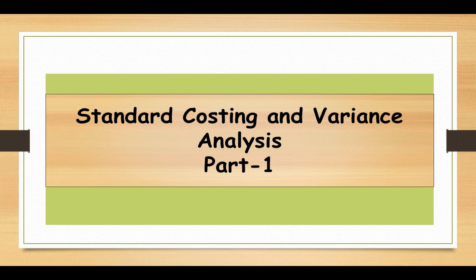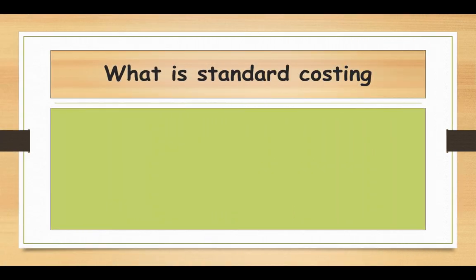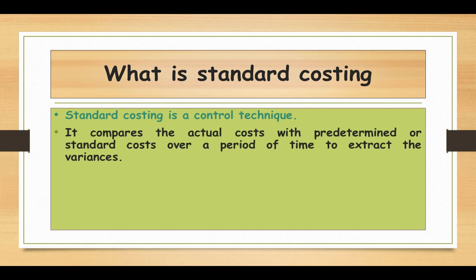We are going to see standard costing and variance analysis part 1. Here we are going to see what is standard costing. Standard costing is a control technique which compares the actual cost with the predetermined or standard costs over a period of time, for example, monthly or quarterly, to extract the variances.